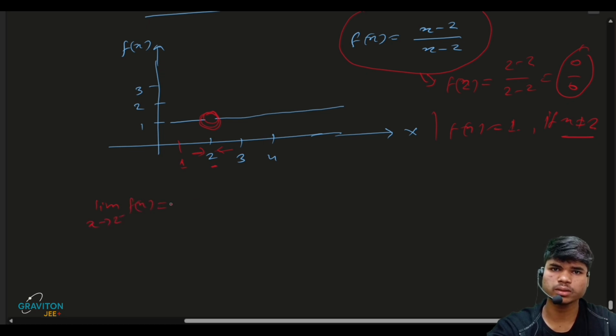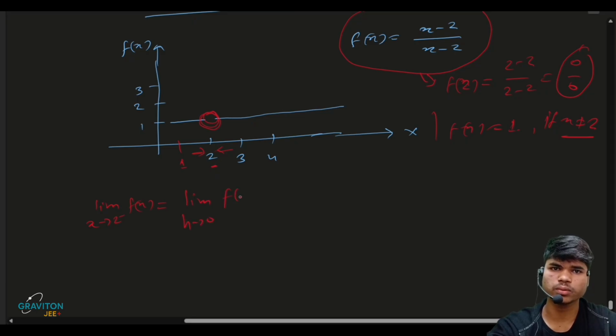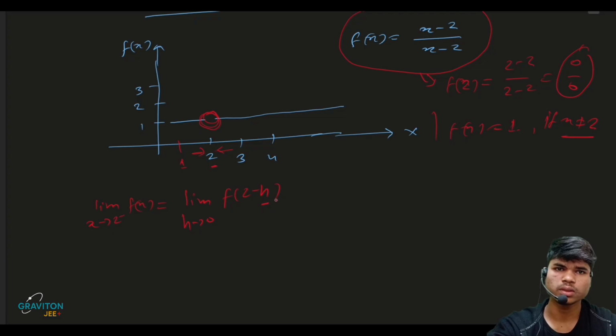We can write this as limit h tends to 0 f of 2 minus h. We are subtracting a very small number from 2. Then it will be equal to limit h tends to 0 of 2 minus h minus 2 divided by 2 minus h minus 2.